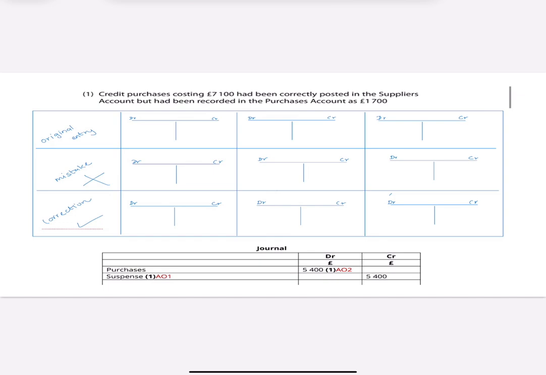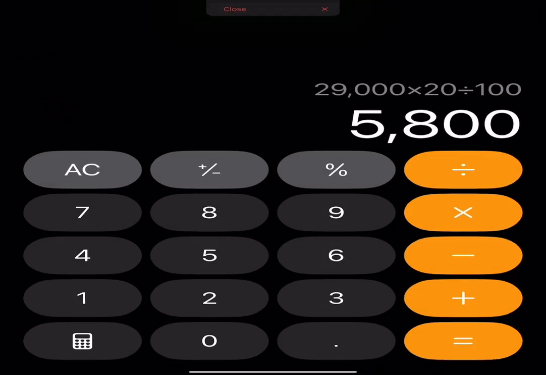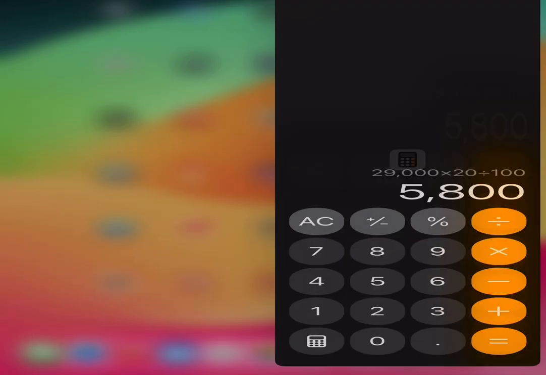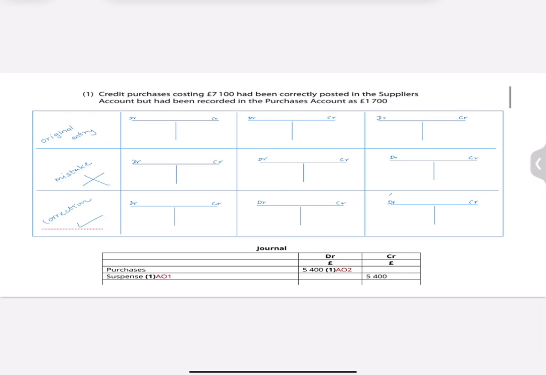Error number 1. Credit purchases costing 7,100 had been correctly posted in the supplier account but has been recorded in the purchases account as 1,700. So let me keep the calculator open. Right.